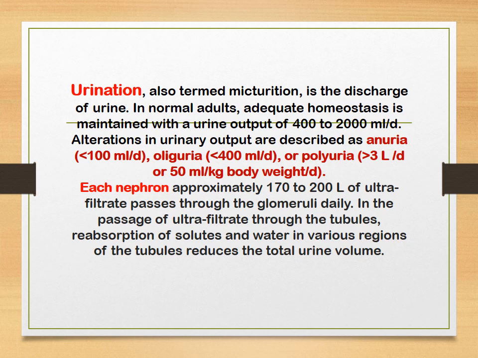Usually the unit is calculated as milliliters per kg body weight. The kidneys filter approximately 170 to 200 liters of fluid through the glomeruli daily, which results in formation of only 400 milliliters to 2000 of urine. That means the bulk of the filtered volume will be reabsorbed.